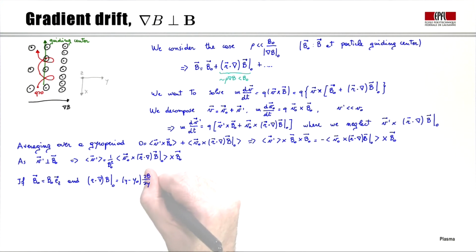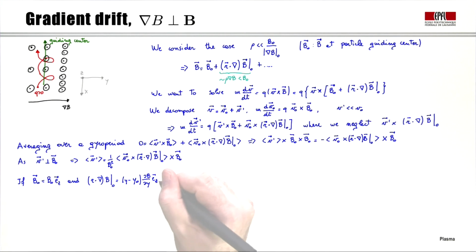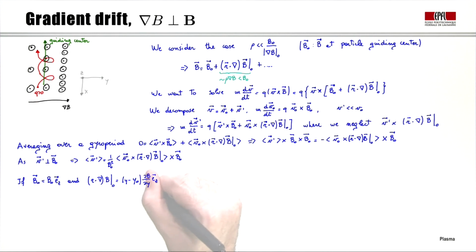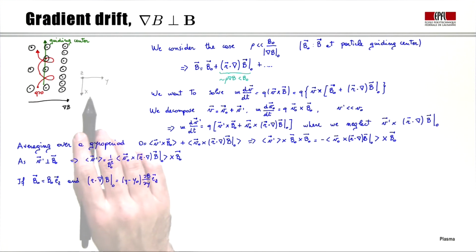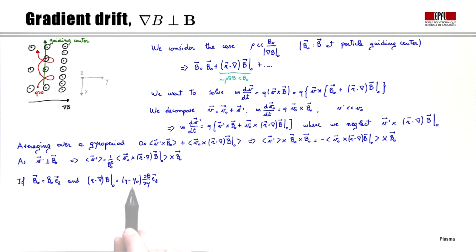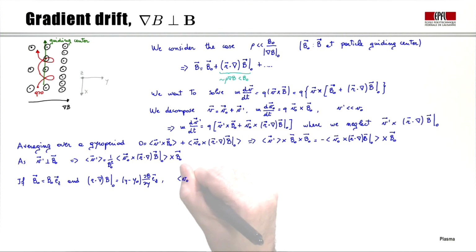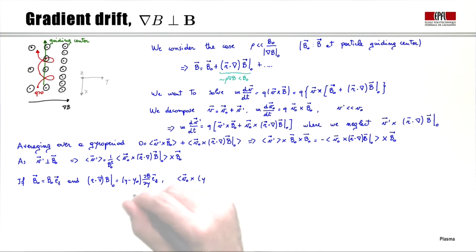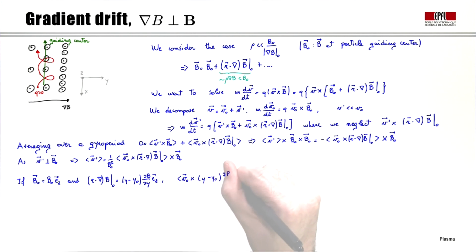It will be given by taking into account that the derivative is only in the y direction, by the derivative of B along the y direction times the difference of the particle position along y with respect to the guiding center, which is located at y0. Then, if we try to evaluate this term here, we will have to evaluate V0 cross (y minus y0) dB/dy.